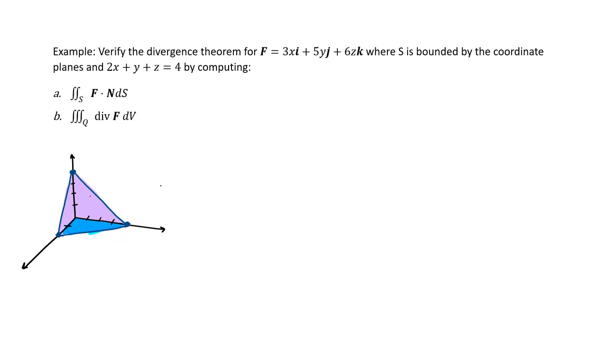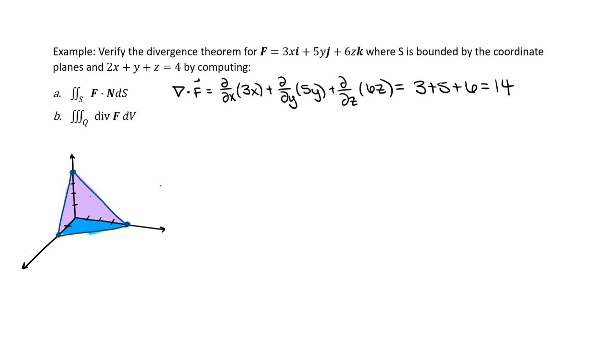We've got this volume. Let's compute the volume integral of our divergence. So I'm going to find the divergence of my vector field, which is del dot F. So I have to find the derivative of 3x with respect to x plus the derivative of 5y with respect to y plus the derivative of 6z with respect to z.